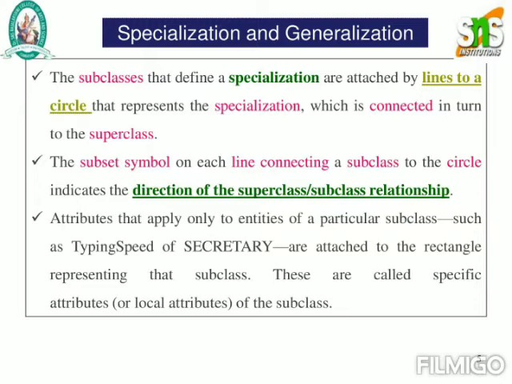The subset symbol on each line connecting a subclass to the circle indicates the direction of the superclass/subclass relationship. The attributes that apply only to the entities of a particular subclass, such as typing speed of the secretary, are attached to the rectangle representing that subclass. These are called the specific attributes of the subclass.